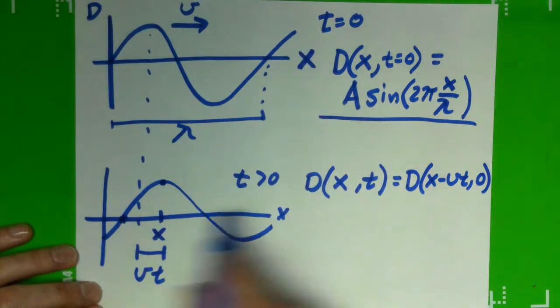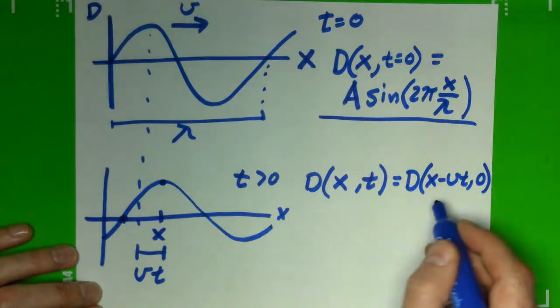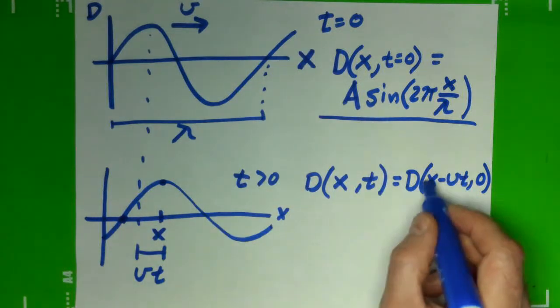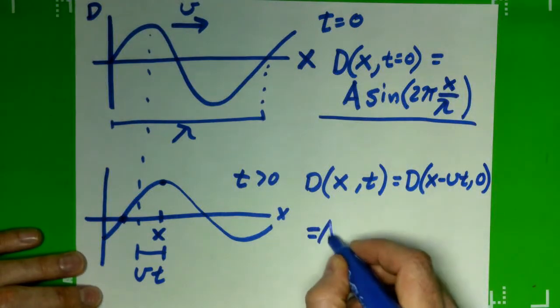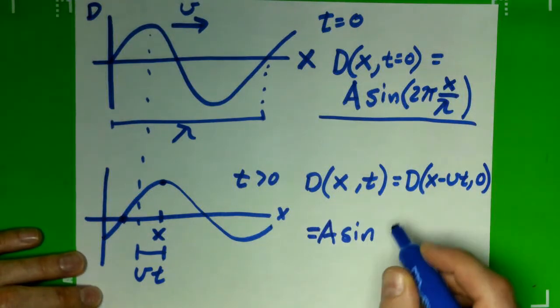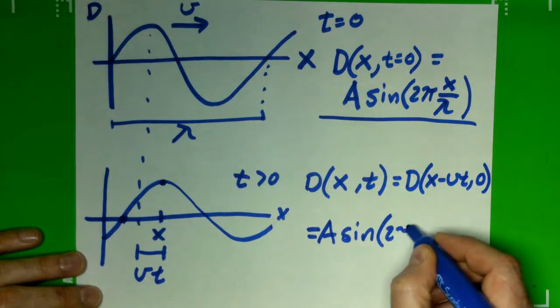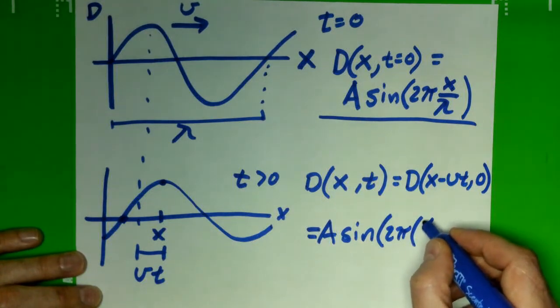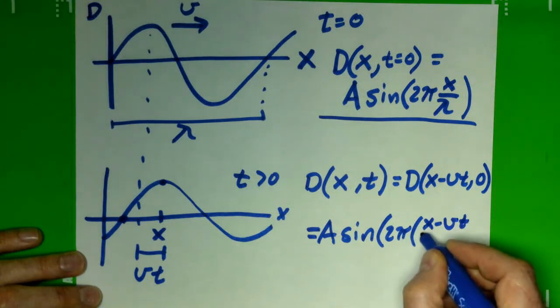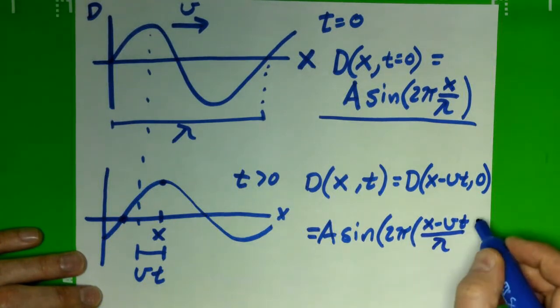So I've just traveled that distance. When I write that out now, I just plug this in for x up there, and so this now equals A sine of 2 pi times, now x is x minus vt, divided by lambda.